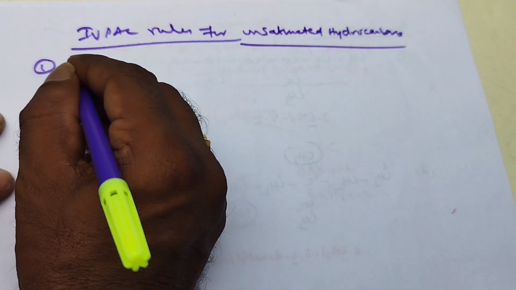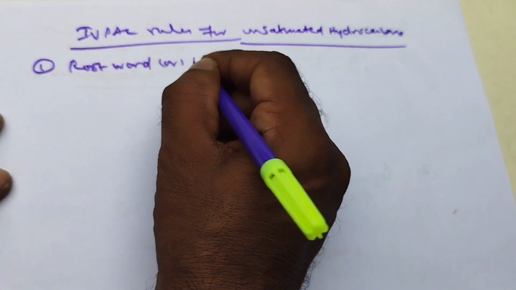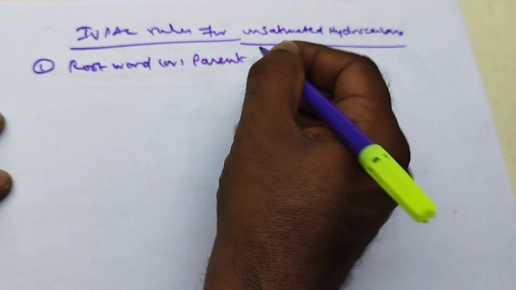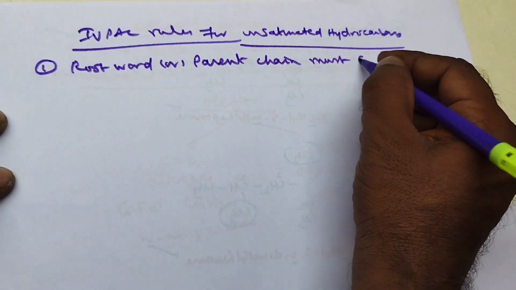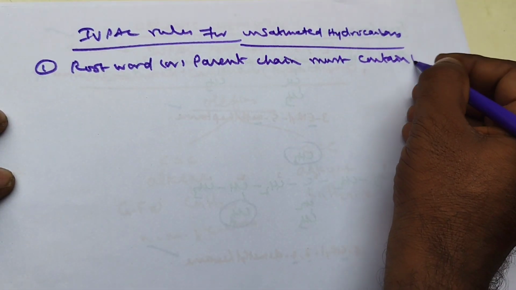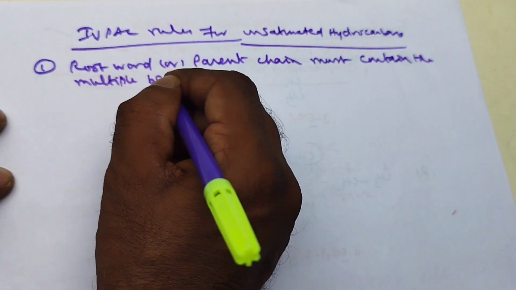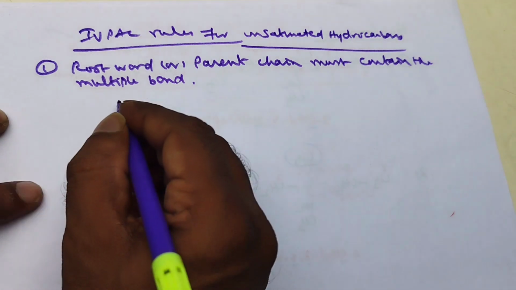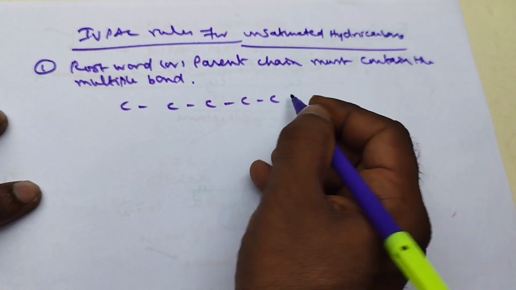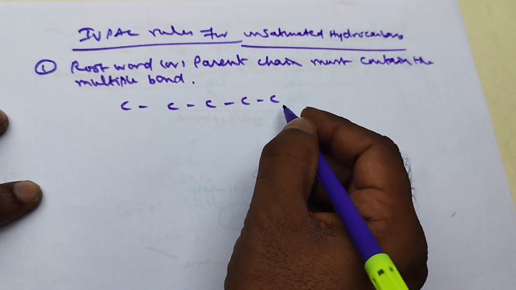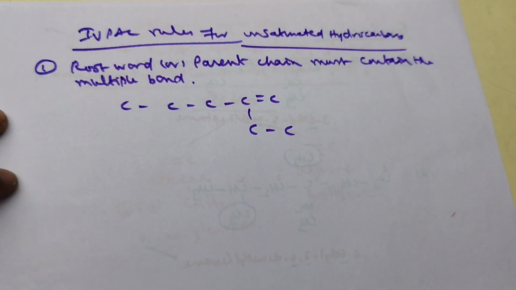First, we have to see the root word, or you can say the parent chain, which must contain the multiple bonds. Say, for example, 1, 2, 3, 4, 5. You have to write like this if a double bond is there.